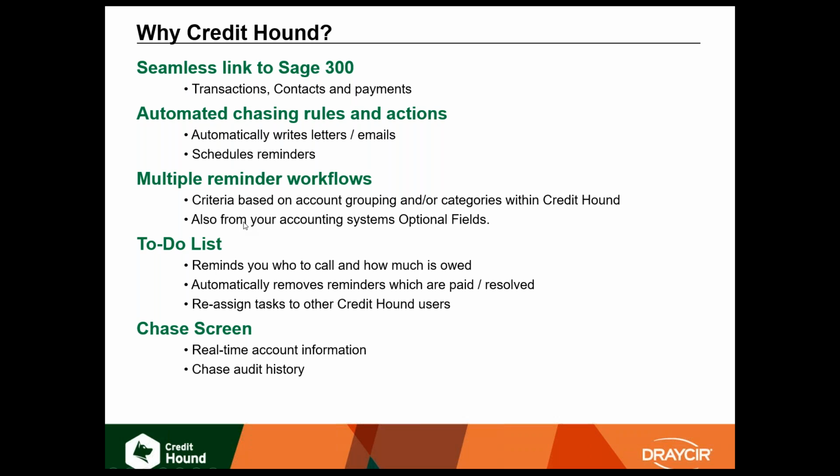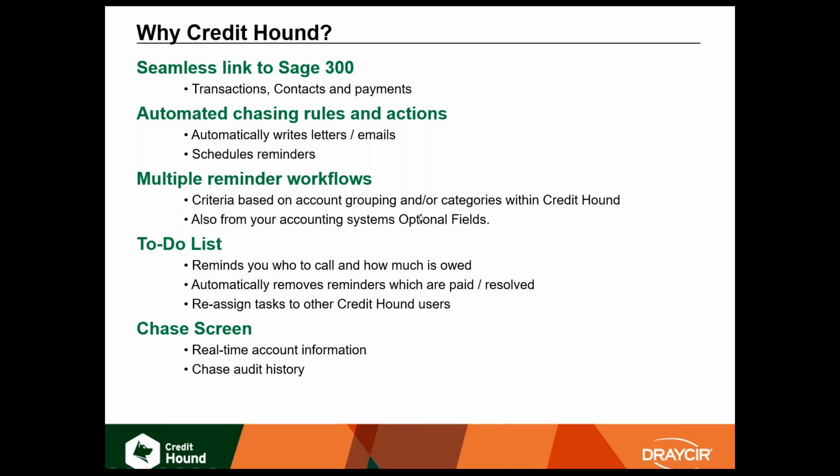What we can do is use grouping or categories within Credit Hound, or we can use an optional field from Sage 300. And that's something I do suggest you make a note of today: if you don't already, use an optional field to categorize your accounts in some sort of way. Those optional fields are there for you to use. And if you haven't got them set up, contact DNA and they'll help you get those configured.